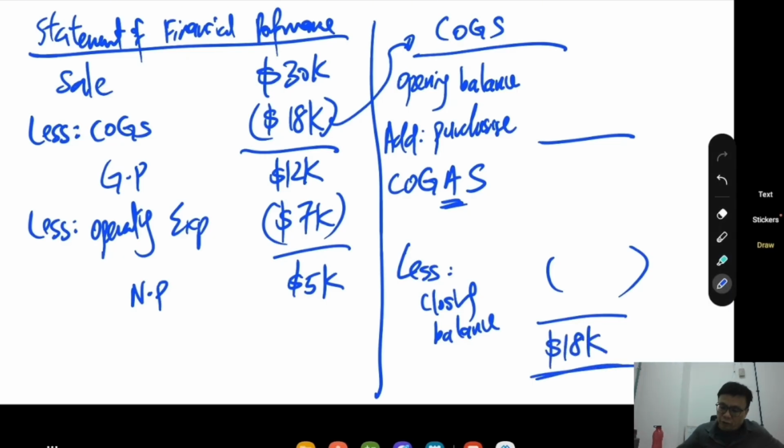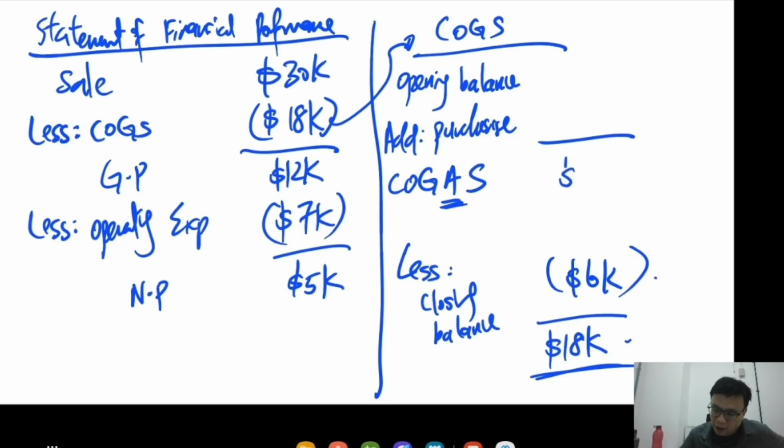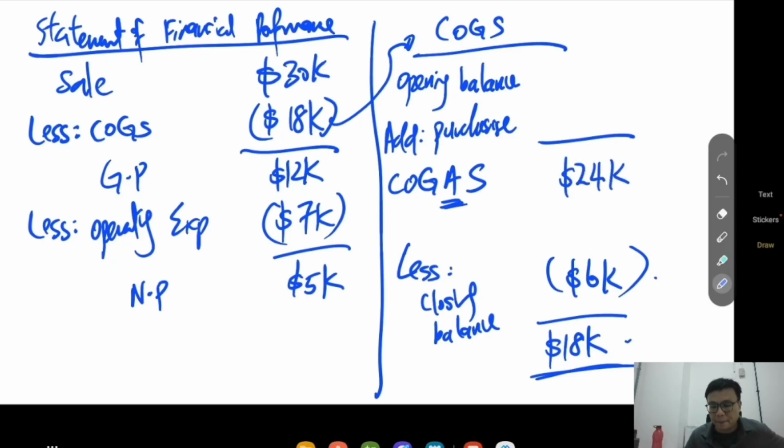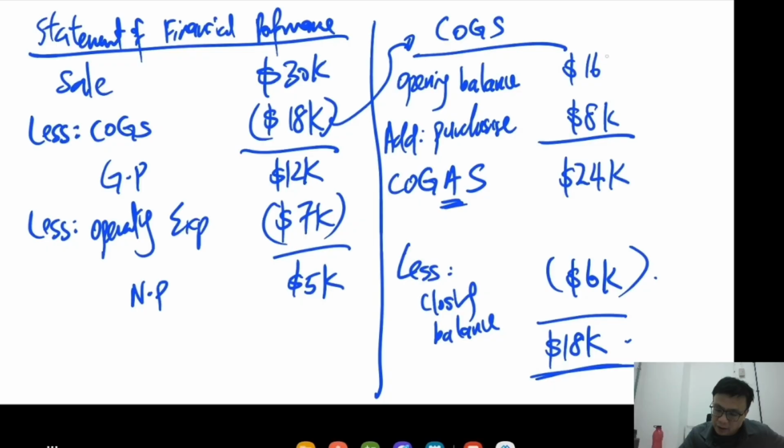So let us work back retrospectively. For example, perhaps your closing stock is 6K. So therefore, your cost of goods available for sale, when you work back, you have to use 18K plus 6K, and you will have 24K over here. And when you work back further, maybe purchases during the year are perhaps 8K. And therefore, your opening balance will be 16K.